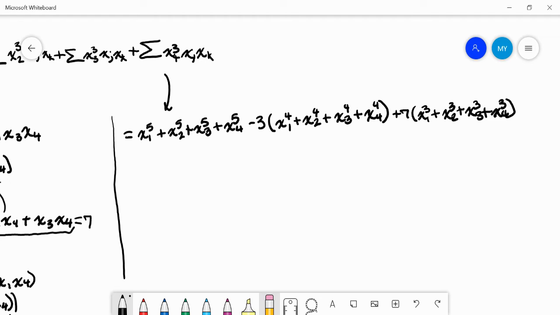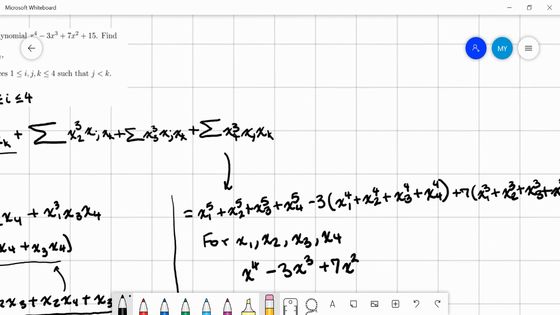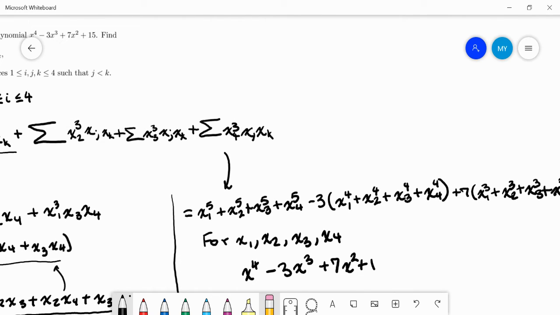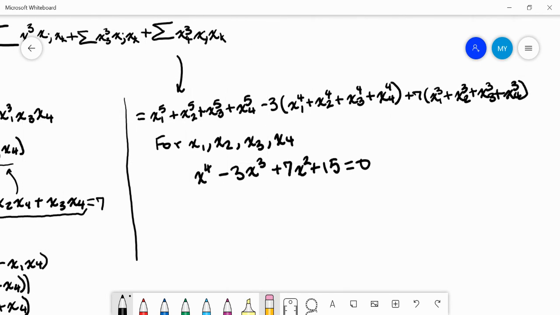So we know that for x1, x2, x3, and x4, we actually have this equation. Plus 7x squared plus 15 equals 0. So what does this mean?